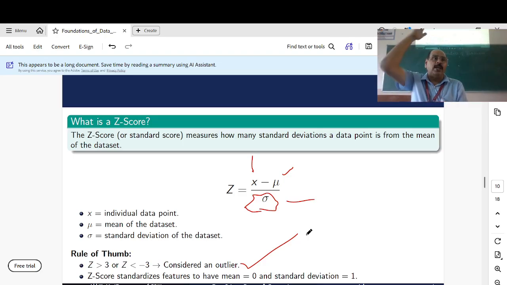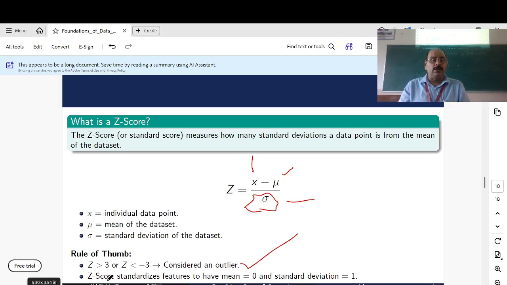You have a set of data points. In the set of data points, you want to find an outlier. You need to use certain statistical methods, and one such method is called z-score. Z-score is otherwise known as standard score. Standard score is the value at that particular data point minus the average divided by the standard deviation.